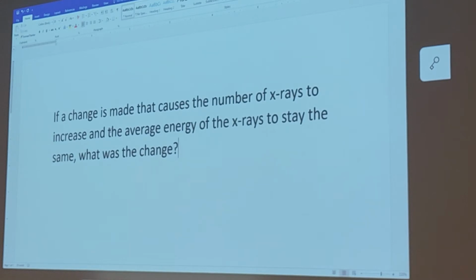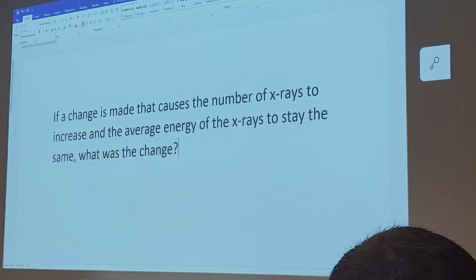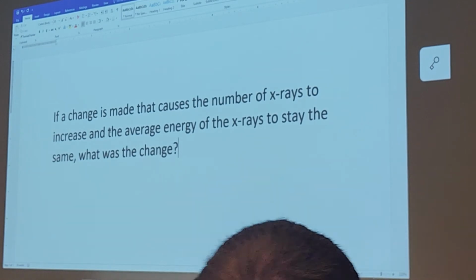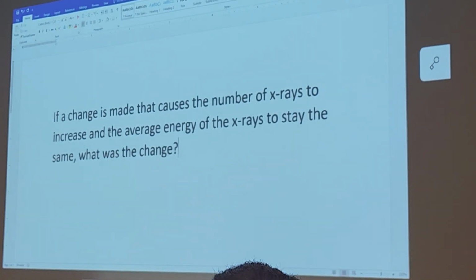What is another word for average energy of the X-rays? If it's not quantity, quality. And what is happening to the quality of the beam? It's staying the same. So is there a change to the quality? No change to quality. So quantity is changing, quality is not changing.